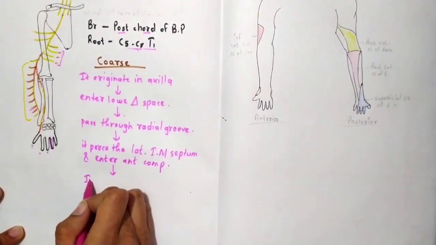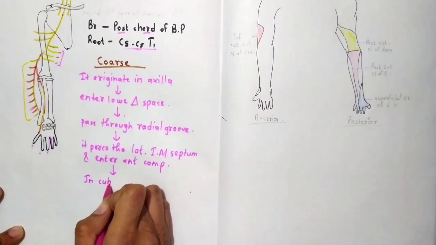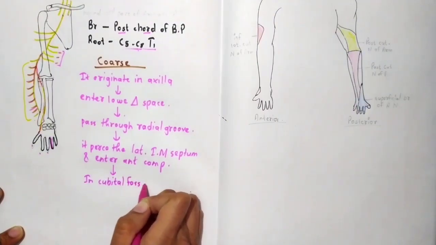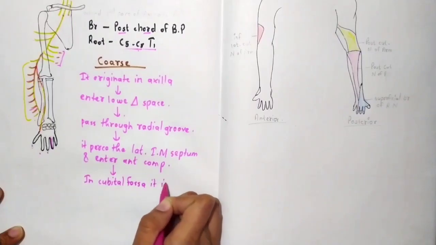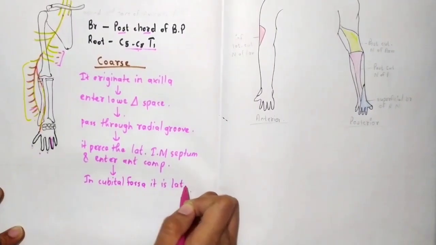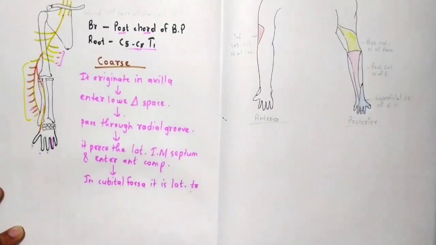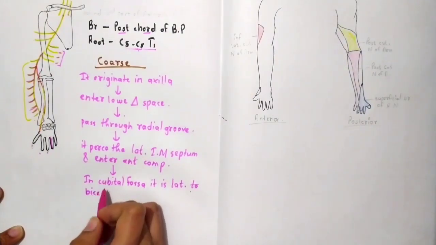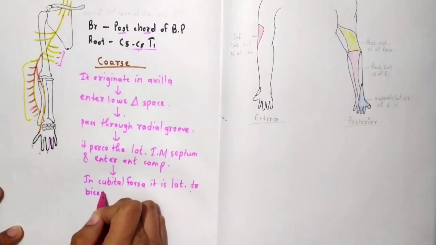Then in the cubital fossa it is lateral to the biceps tendon of the biceps brachii muscle.